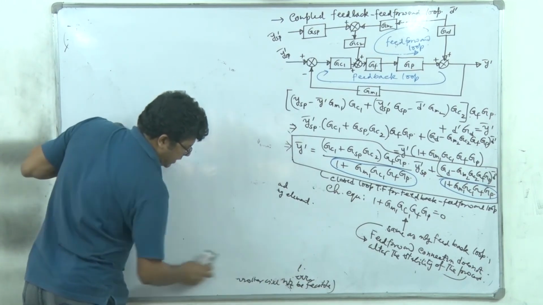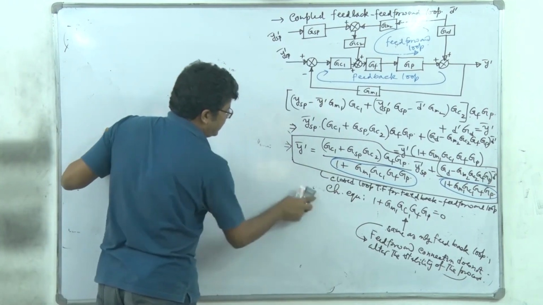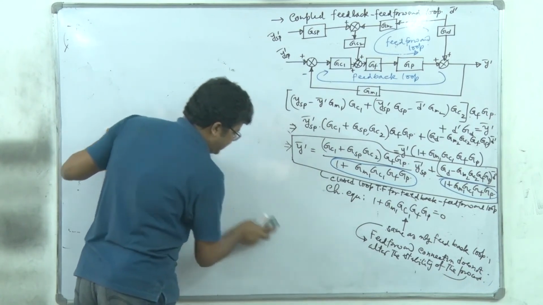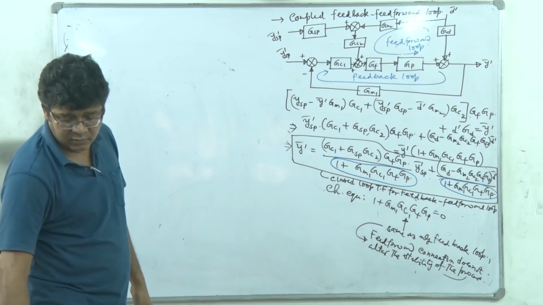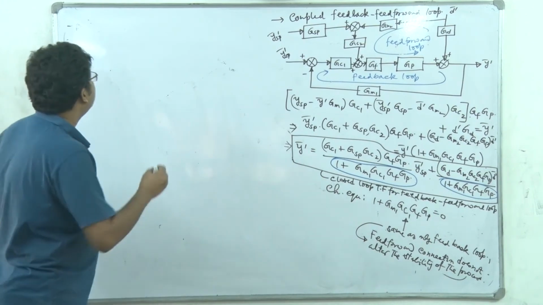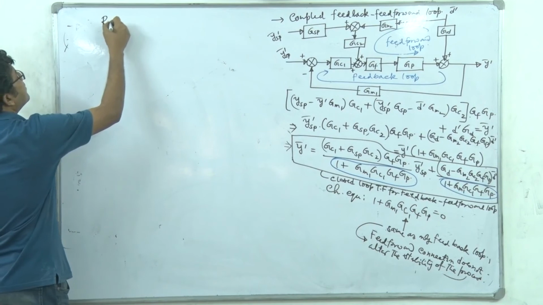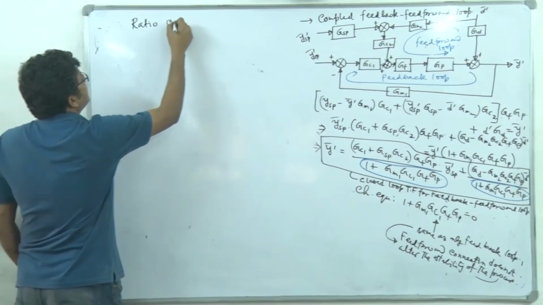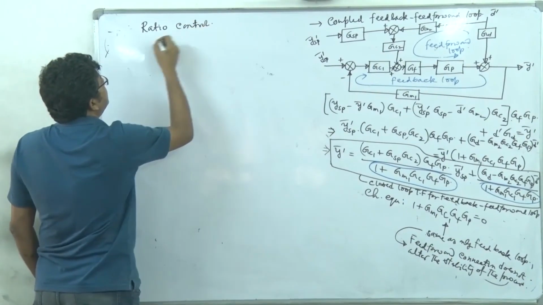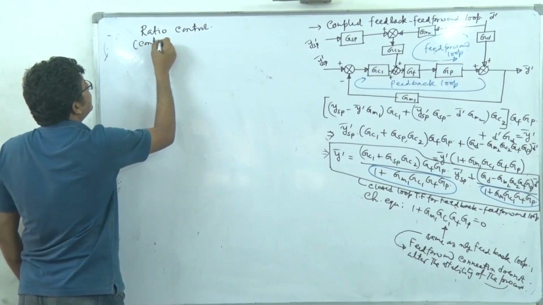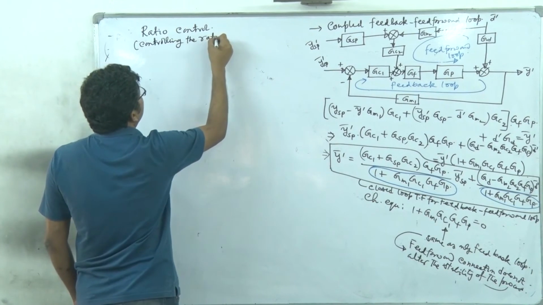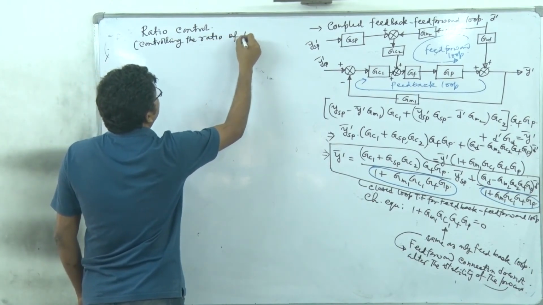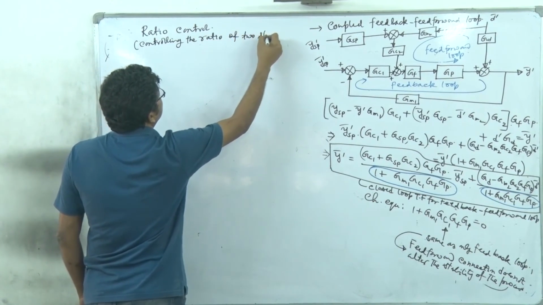Now the last topic is mostly descriptive. There are no quantitative aspects majorly associated with it as something new. That is ratio control: controlling the ratio of two streams.